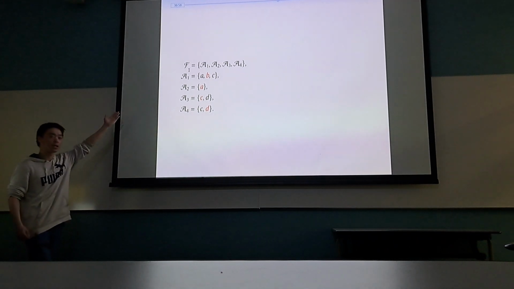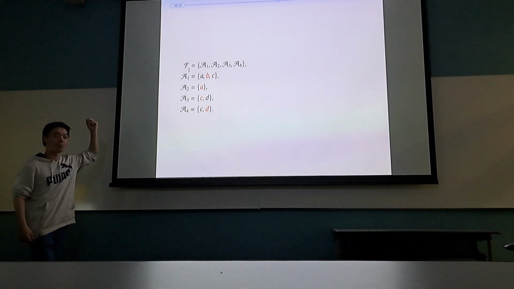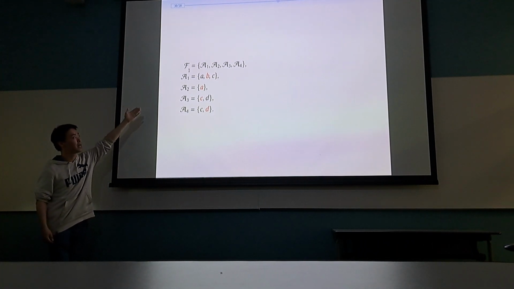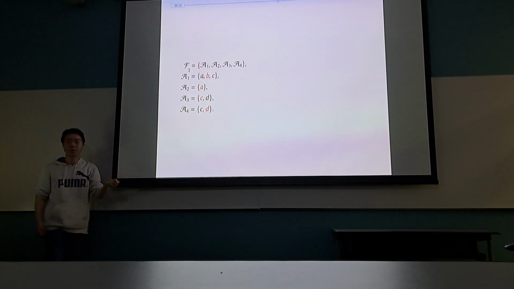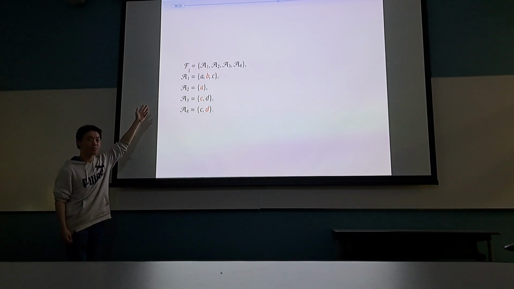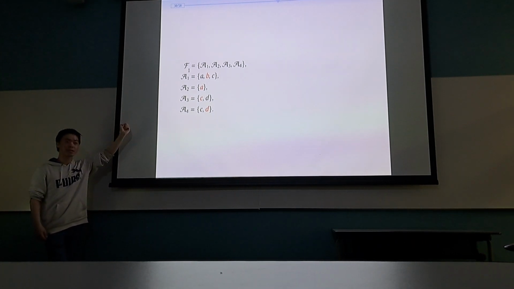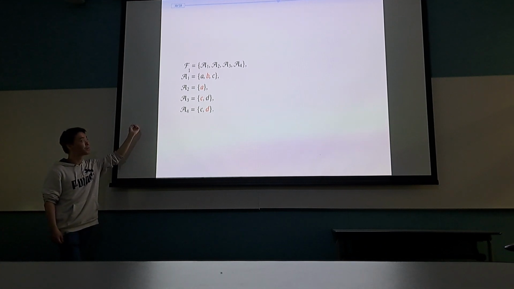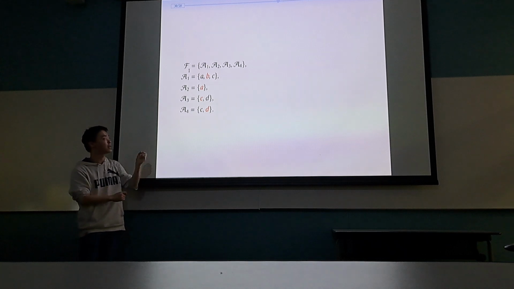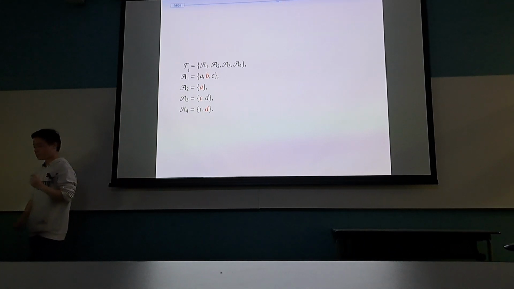Each of the sets is going to represent a vertex, and each of the elements A, B, C, and D is also going to represent a vertex. A1 has to be connected to the vertices representing A, B, and C. A2 has to be connected to the vertex representing A. A3 has to be connected to the vertices representing C and D, and likewise with A4.